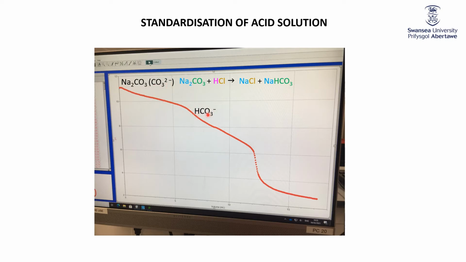But this HCO3- is not just the conjugate acid of carbonate, it's also a base in itself. So it's an amphiprotic species, and because of that, this sort of curve here, which would normally be a lot sharper, is somewhat poorly defined.